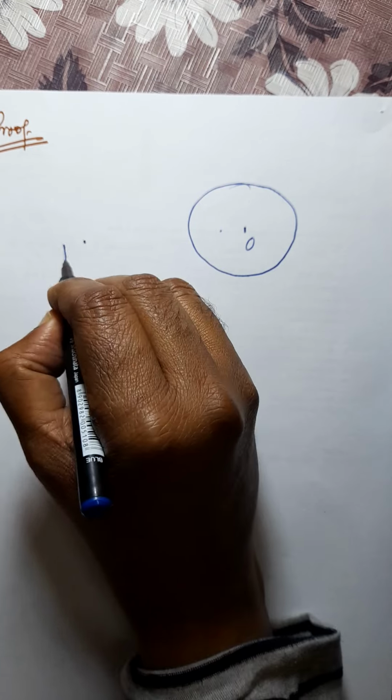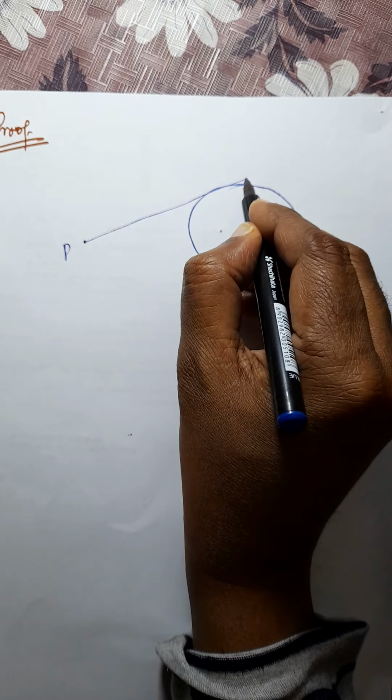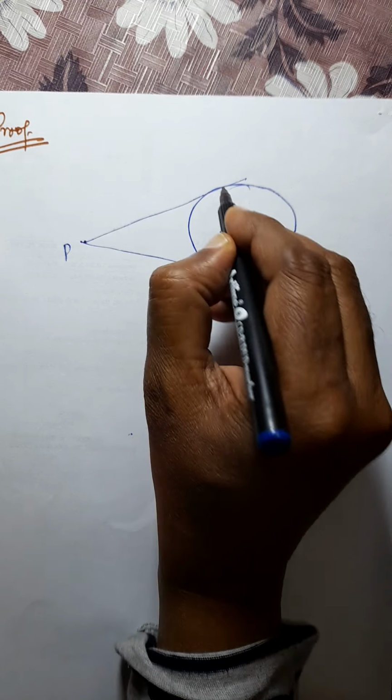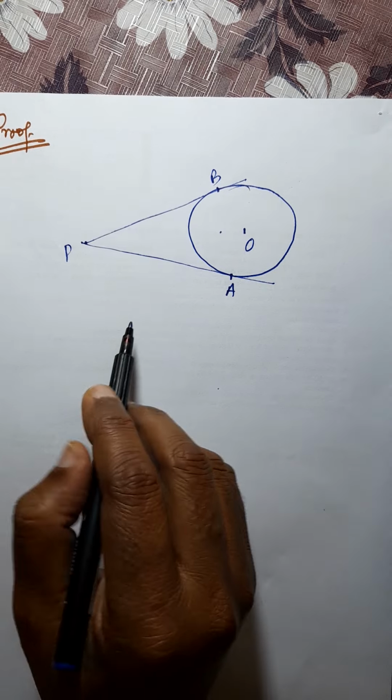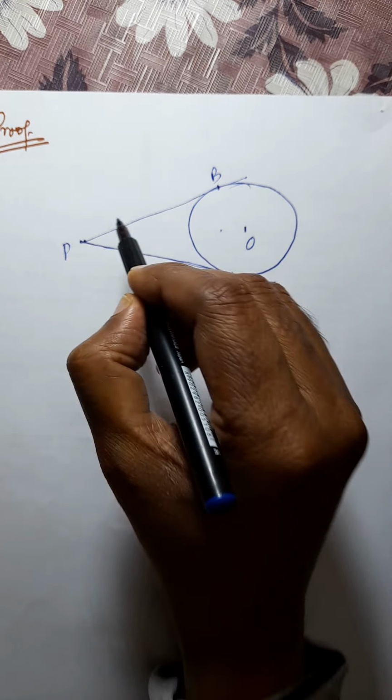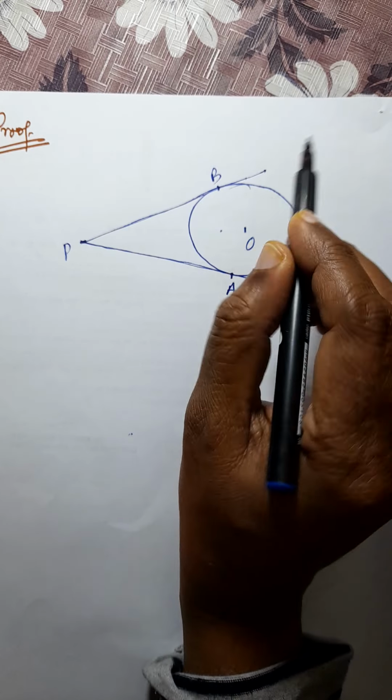So this is P. P is an external point. PA and PB are the tangents. And we have to prove that PA is equal to PB. Okay.